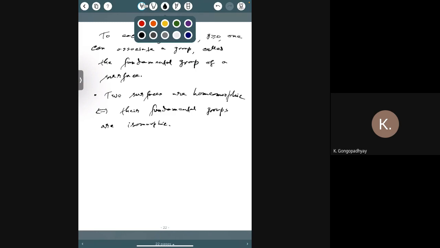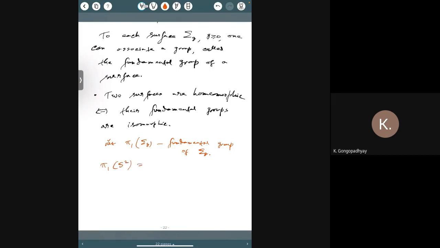Let pi1 of sigma g be the fundamental group of sigma g. Then pi1 of S2 is the identity, and pi1 of sigma g is a group that is generated by 2g generators, and they satisfy one single relation.